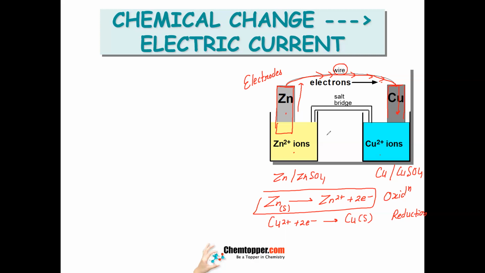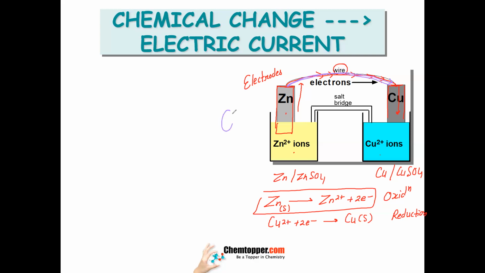I'll explain to you the functioning of the salt bridge. And then electrons are flowing from one electrode to another because of their different potentials to undergo oxidation reduction.